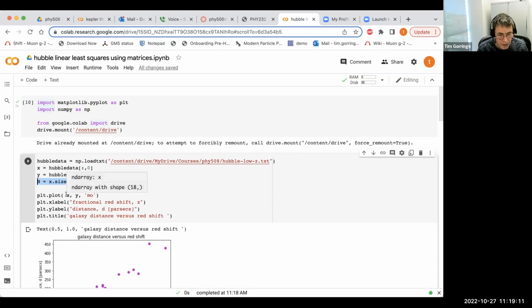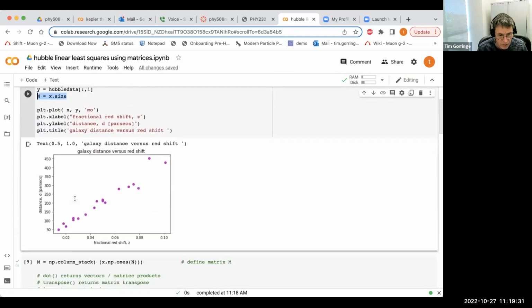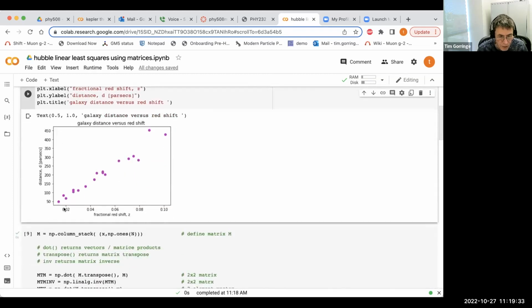X again is the fractional redshift, the proxy for the recession velocity of the galaxies. Y again is the distance to the galaxies, the radial distance attained from these standard candle stars. And so we can look at this plot. Horizontal axis, fractional redshift. Vertical axis, distance to the galaxies.